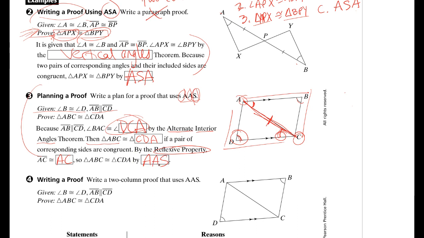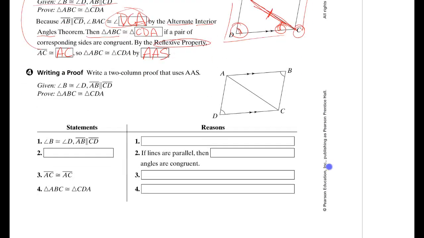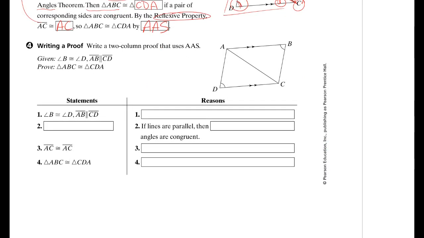As we go through all of these things, we're just picking out 3 parts of every triangle to match up with 3 parts of another triangle. And as soon as we've got it, then poof, all the parts of the triangle become congruent. Oh, look at that, a 2-column proof that uses angle, angle, side.